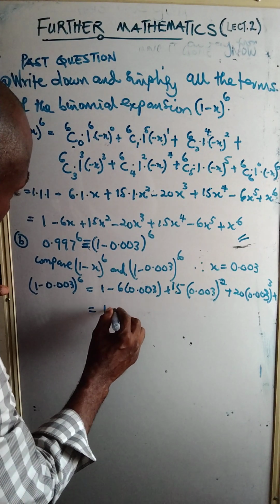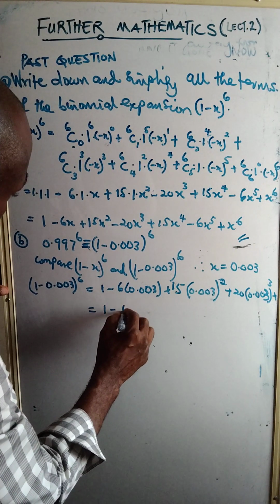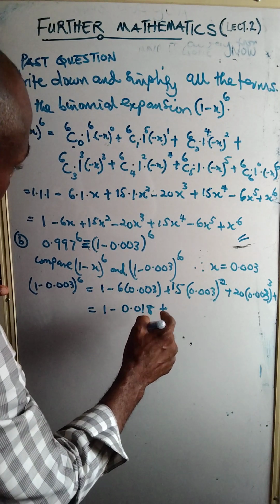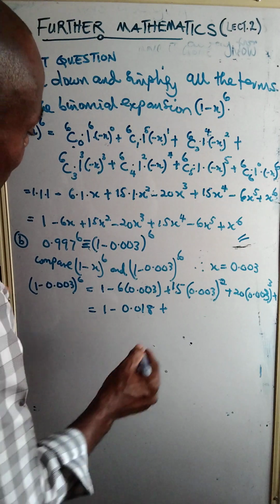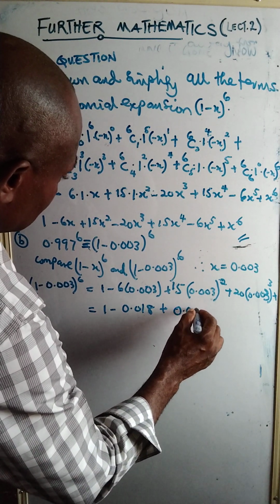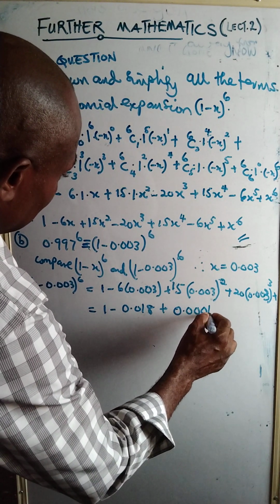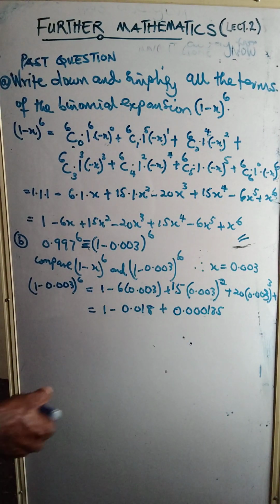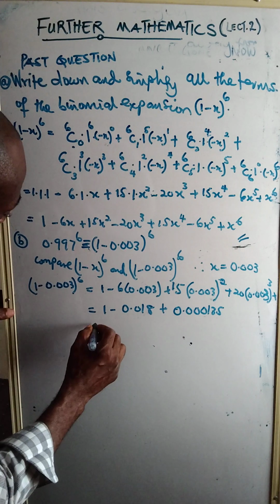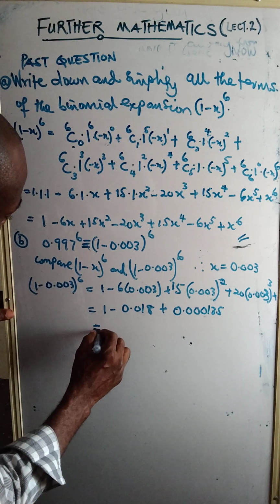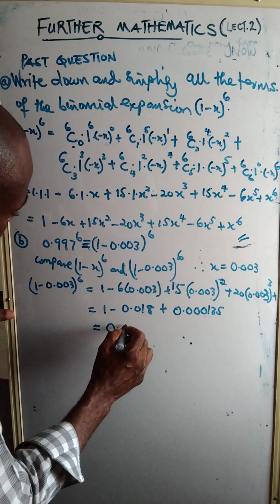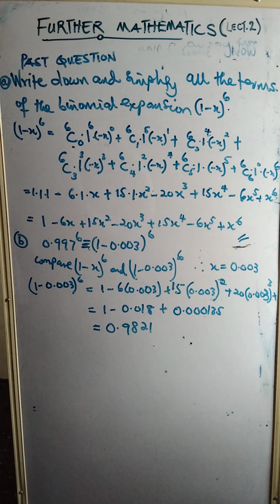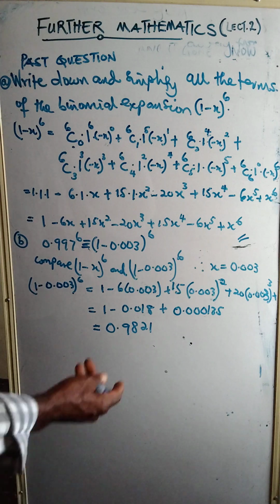So if you compute this result, that's going to be 1 minus 0.018 plus, if you compute this, it's likely to be 0.000135, or not really sure, but if you work it out and evaluate, your result is likely to be 0.9821.